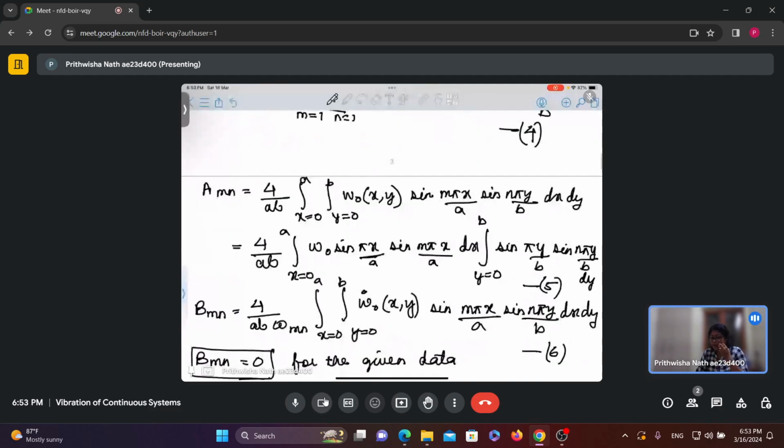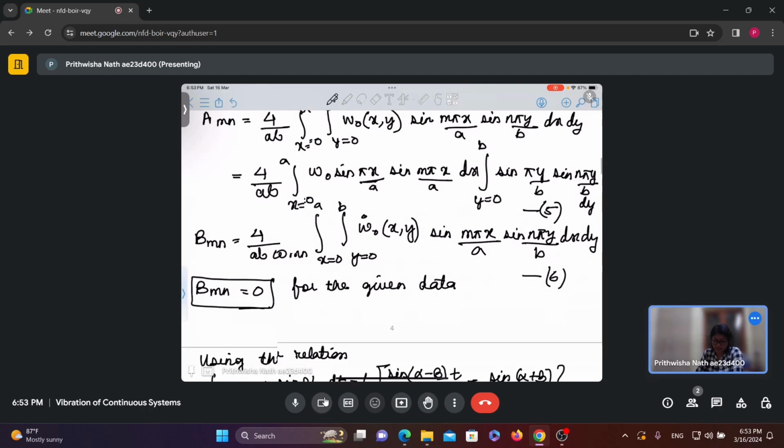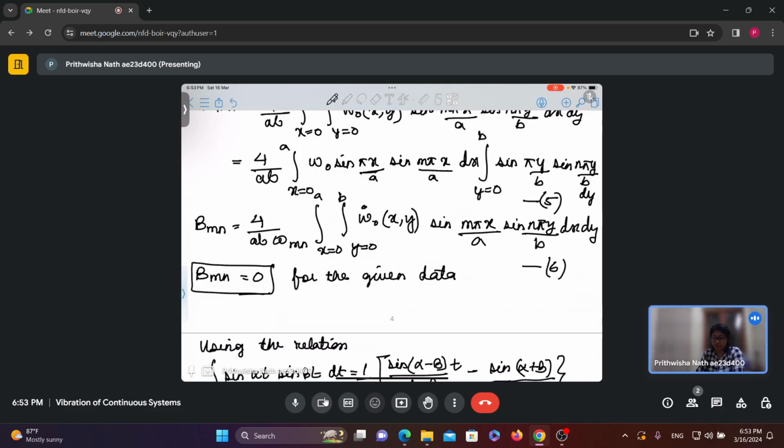Now for the x term, we have separated the x and the y terms and perform the integration for the x and y terms respectively.